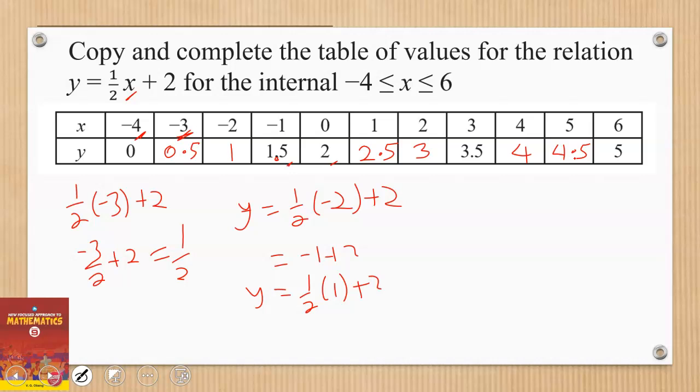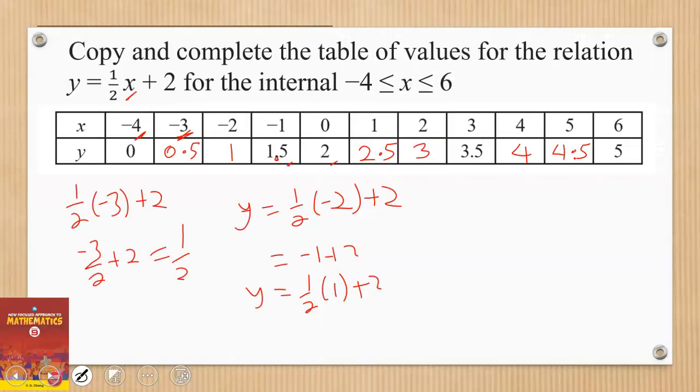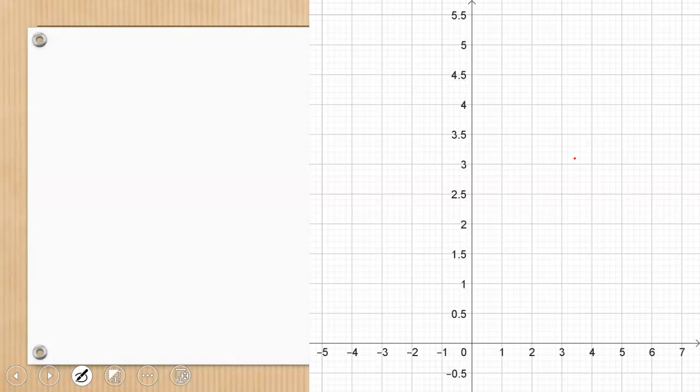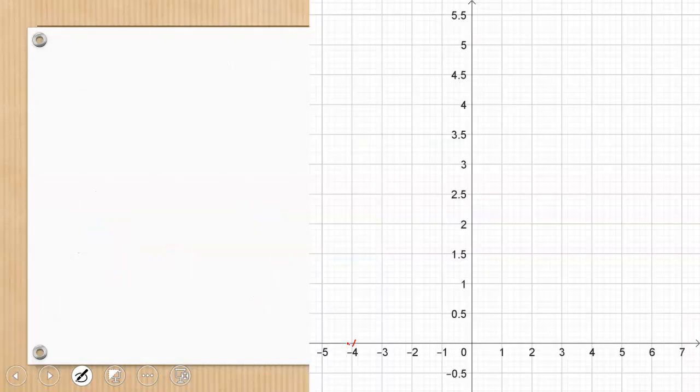Now, if you want to plot this on the graph, again, the first one we are plotting is negative 4, 0. So negative 4, 0 will be here, okay? And then we are plotting negative 3, then 0.5. Negative 3, 0.5 will be here.